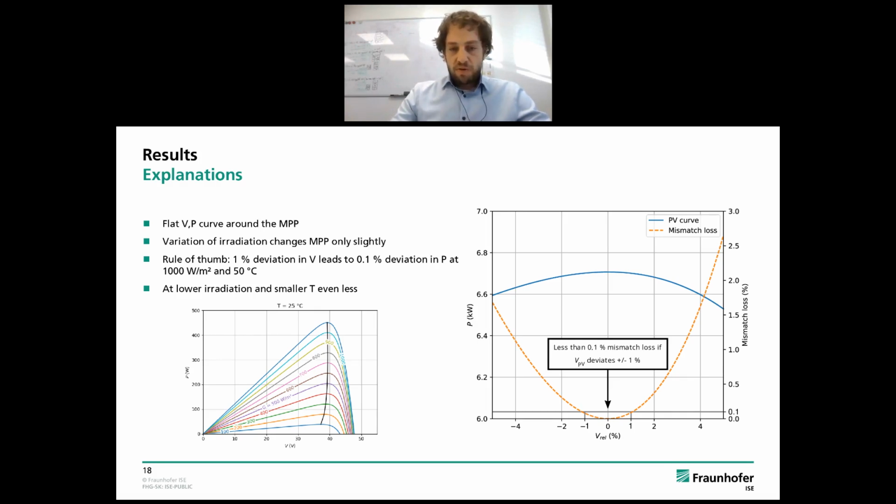You see when you deviate the voltage around MPP, in this case as a relative deviation, if you vary it by 1%, then the loss in power is only 0.1%. This is, from our point of view, the explanation why the effect of multi-MPPT in the plants that we analyzed in this study is quite low.